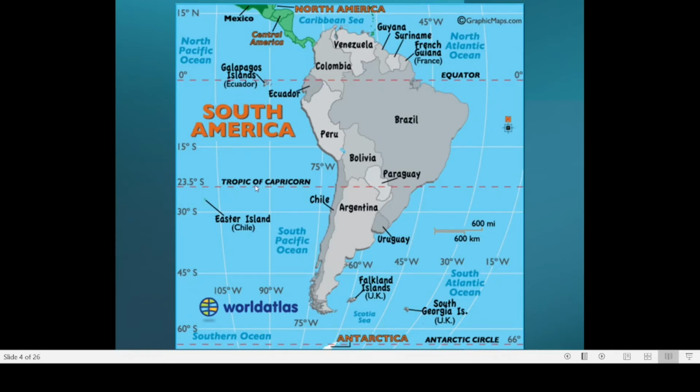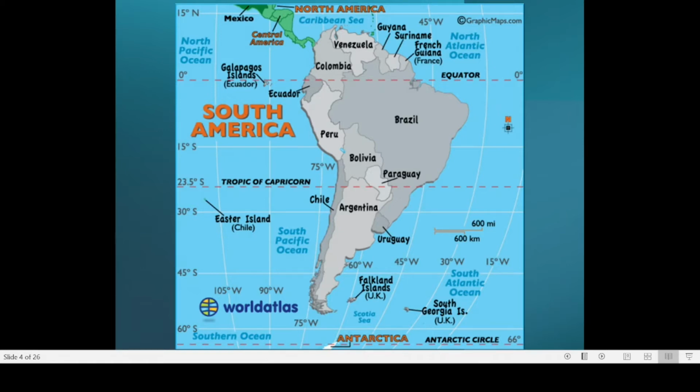In the southern hemisphere, it is known as the Tropic of Capricorn. In the northern hemisphere, the 23.5 degree latitude is known as the Tropic of Cancer. So this region lying between the equator and the Tropic of Capricorn is known by the name tropical region. That is the meaning of the word tropical.